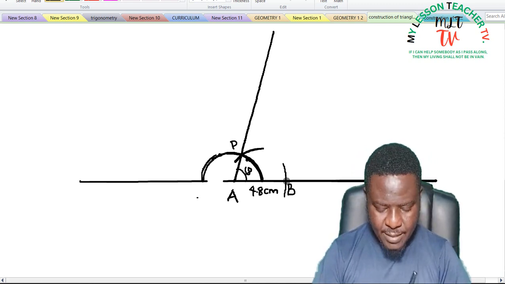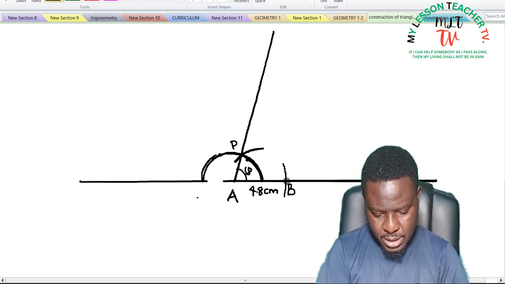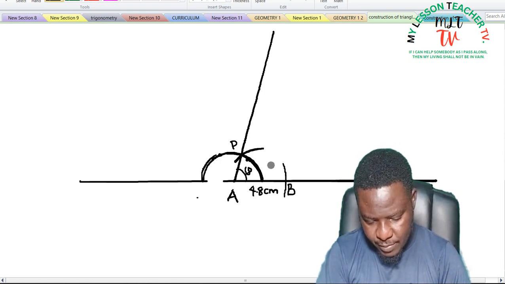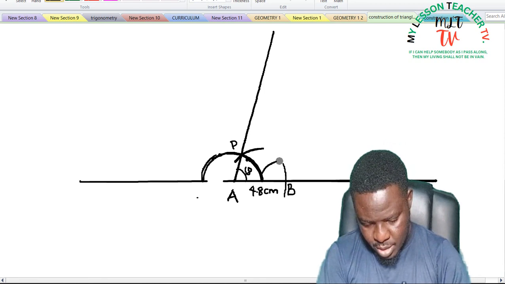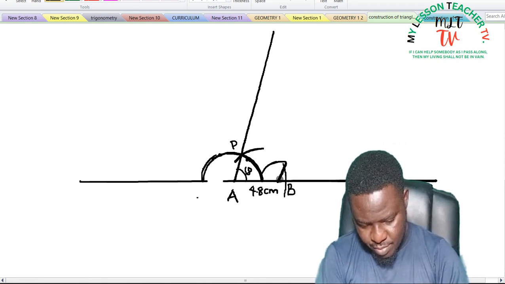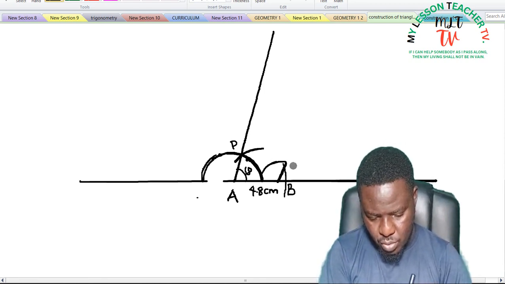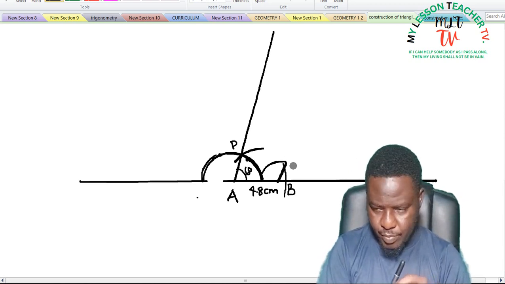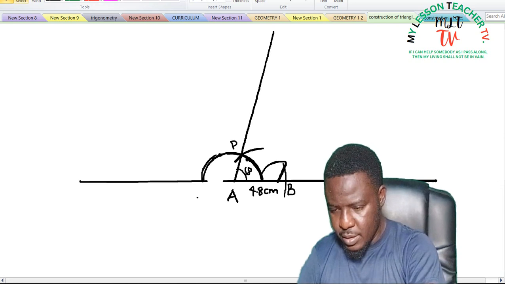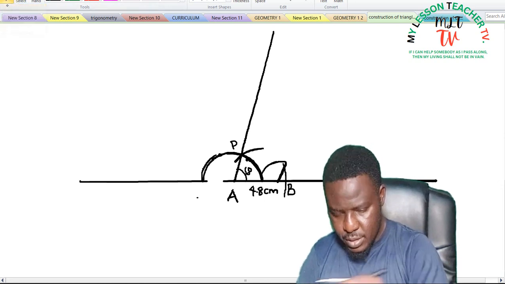With B as center, also construct angle 75 degrees. So I'll construct an arc. The radius may not be the same, so let me use a bigger radius. Let me erase the error.